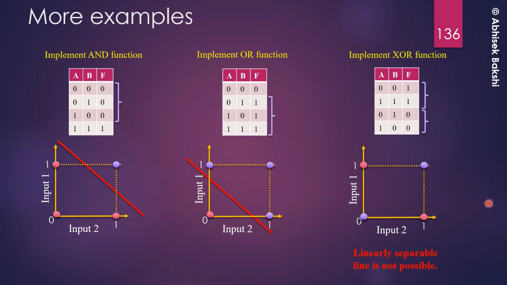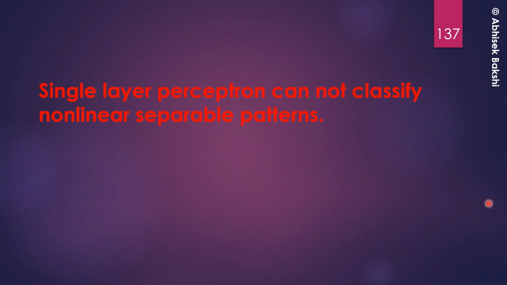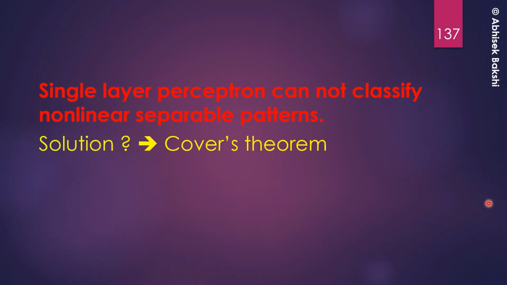So from this particular example, what we have understood is that a single layer perceptron cannot classify nonlinearly separable patterns, as we have observed, for example, the XOR operation. So we must go for some solution, right? And the solution will start with a concept that is Cover's theorem.